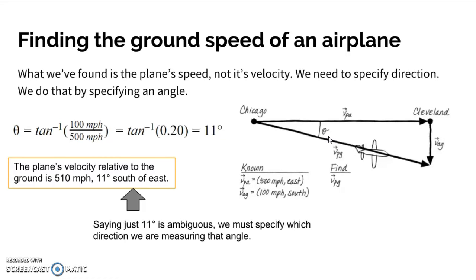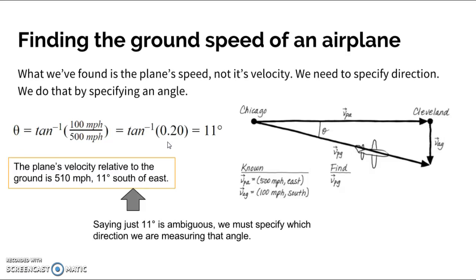Tangent is opposite over adjacent, so this velocity here divided by this velocity arrow here, the magnitude of both. So that value divided by that value. Because we're solving for an angle, we do the inverse tangent, or arctangent if that's the vocabulary you're used to. That reduces to tangent inverse of 0.2, which gives us 11 degrees.